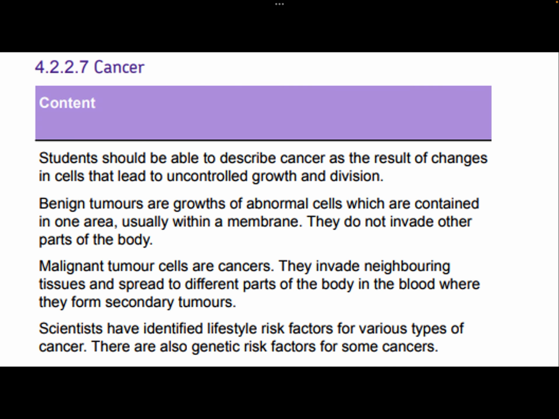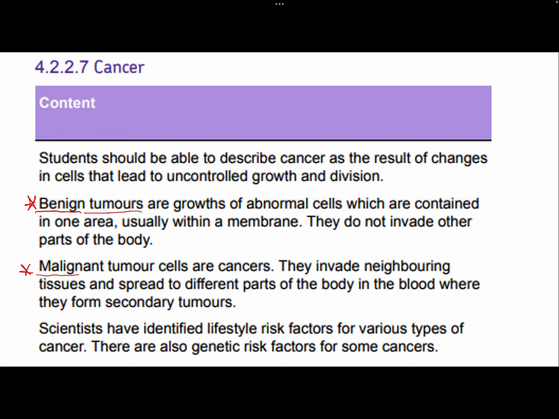Okay. Now in this lesson, we're looking at cancer, and according to AQA, students need to be able to describe cancer as a result of changes in cells that leads to uncontrolled growth. You need to be able to describe benign tumors, that they are growths of abnormal cells which are contained in an area, usually within a membrane, so it doesn't spread, it doesn't invade other body parts.